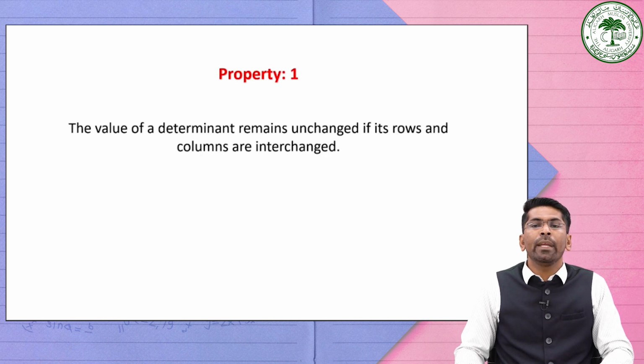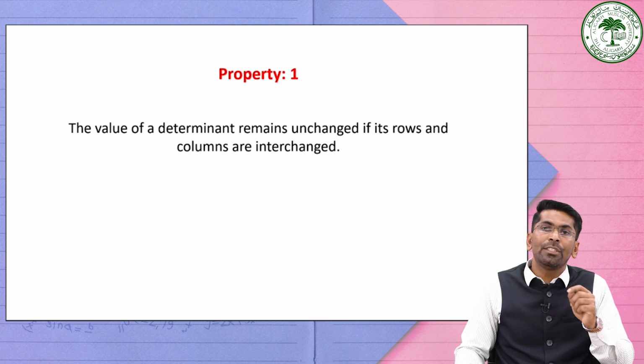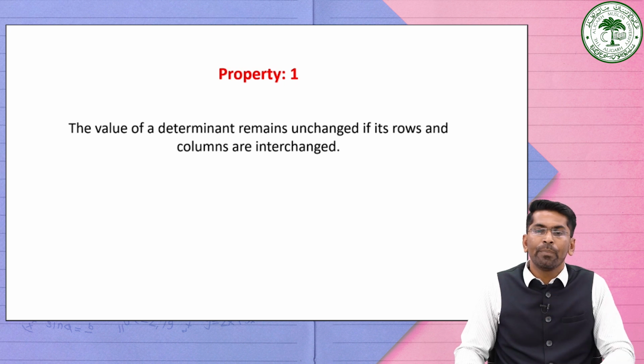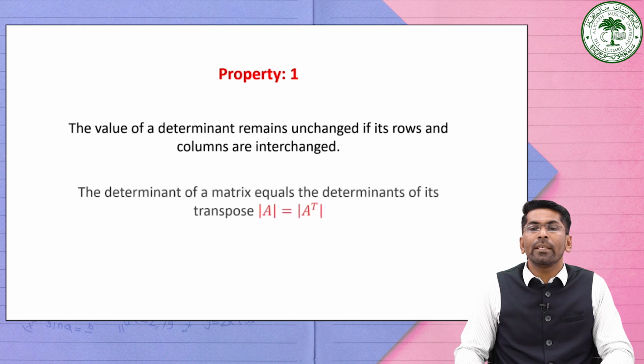See, the first property, which is one of the fundamental properties of determinants, is that the value of a determinant remains unchanged if its rows and columns are interchanged. That means the determinant of a matrix is equal to the determinant of its transpose.